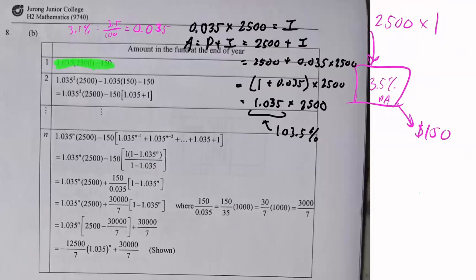That's why we take this original amount, then we just need to gain interest. So 1.035 times 2,500, and then you subtract away another copy of 150. Straight away, they multiply out already. So maybe if I just add one extra line of working, no space.